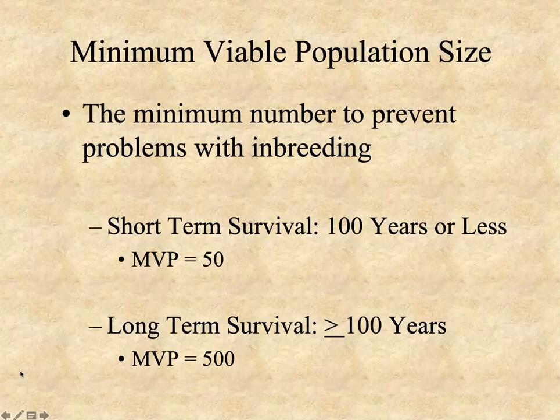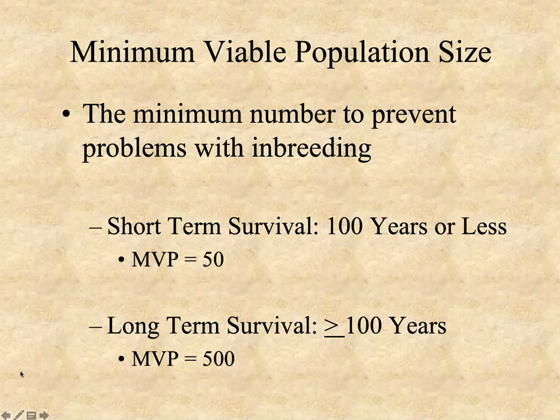And so that takes us to the concept of minimum viable population size, or MVP. The minimum viable population size is the minimum number of individuals you need in your population to prevent problems with inbreeding. Most of the studies have been done with mammals. In mammals, for short-term survival, and you need to know that short-term survival, I'm talking about 100 years or less, the minimum viable population size is 50 individuals.